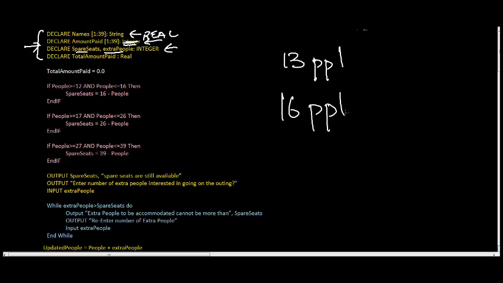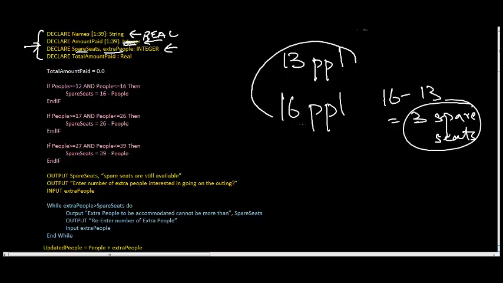So we had 16 minus 13 equals 3 spare seats, and now we can take 3 extra people with us. So that's the concept that we are going to be using within this algorithm, this solution.